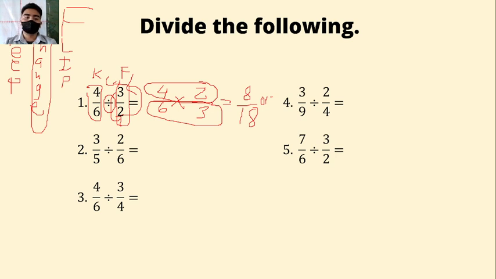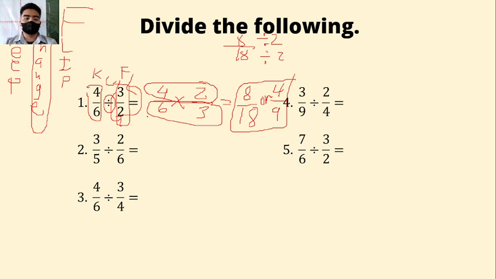So, 8 could be divided by 2. Is 18 divisible by 2 as well? It is divisible, isn't it? So if we divide 8 by 2, the answer is 4. If we divide 18 by 2, the answer is 9, of course. So the final answer is 8 over 18, or, don't forget the word or, 4 over 9.